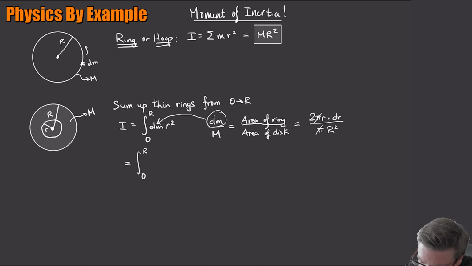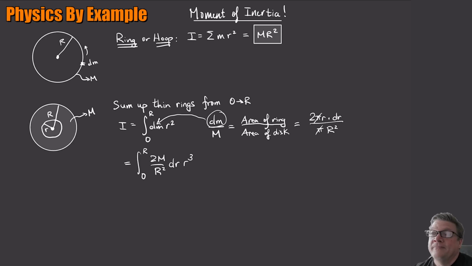Moving the big M to the other side, it's 2 times big M over R squared, times dr. And what else do I have? I have an r squared and then another little r, so I have r cubed. So 2M over R squared, dr, r cubed.